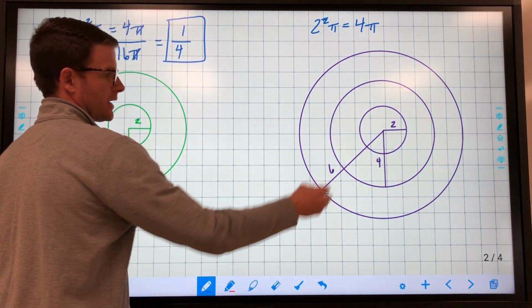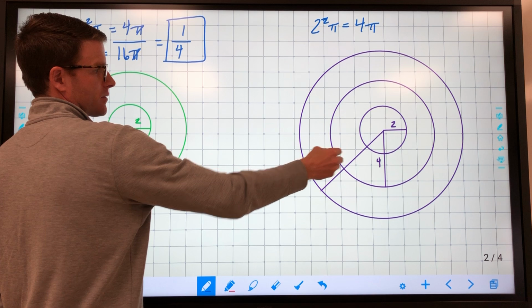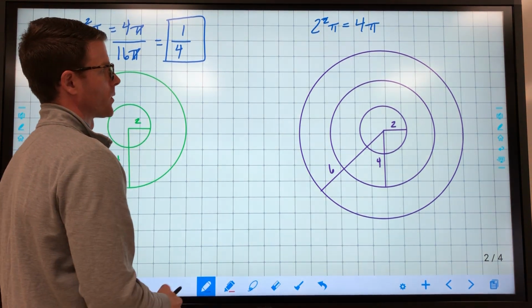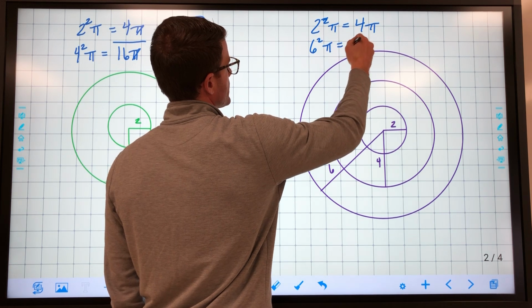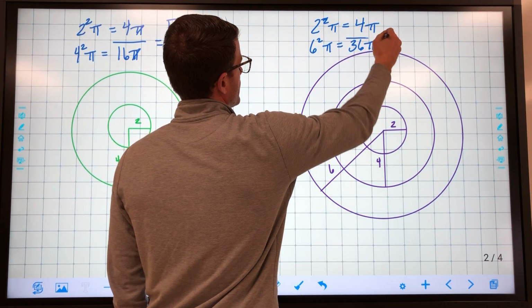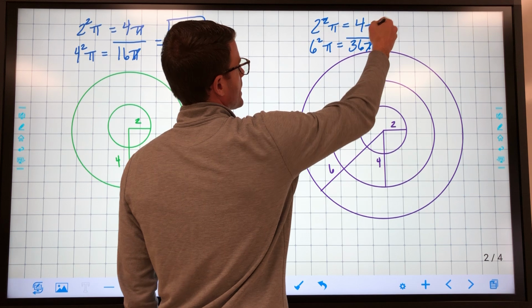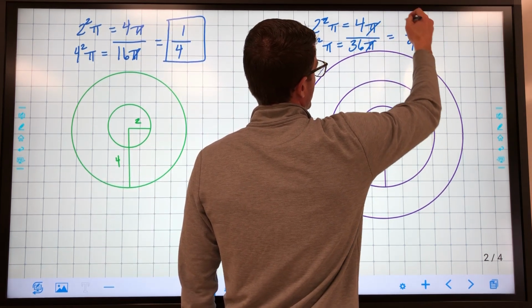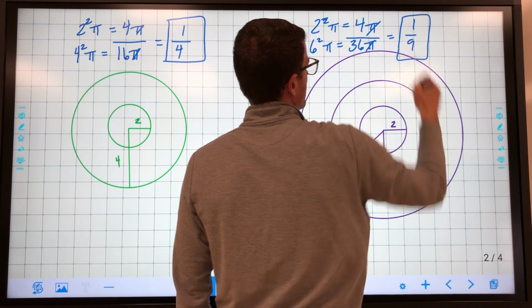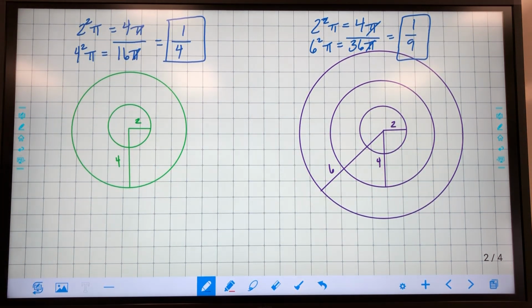But now my board has a radius of 6, so it's going to be 6 squared pi, which is 36 pi. I simplify here. My pi's cancel. I get 4 over 36, which simplifies to 1 over 9. All right, pretty straightforward. Do 2 more.